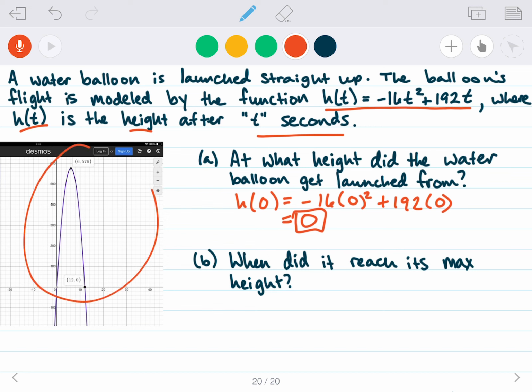When did it reach its maximum height? Well, pictorially we can see where it hits the maximum height. That's right here. That's at 6 seconds, where it reaches its maximum height. Now let's prove this algebraically.